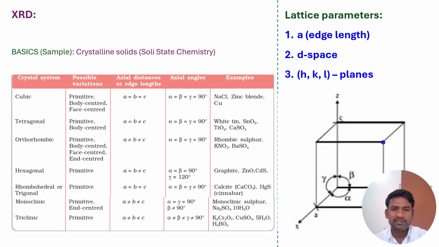So in this case, A is not equal to B, and in turn B is not equal to C. Whereas alpha is equal to beta and beta is equal to gamma and gamma is equal to 90 degrees, which means the actual angles are all 90 degrees. And the best examples for such a system are rhombic sulfur, KNO3 and barium sulfate. So likewise, you can take any example and try to understand the actual distances and actual angles and the respective examples. All my suggestion is you start with the simple cubic to understand the crystal system.